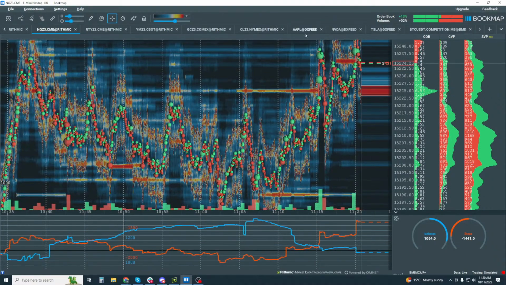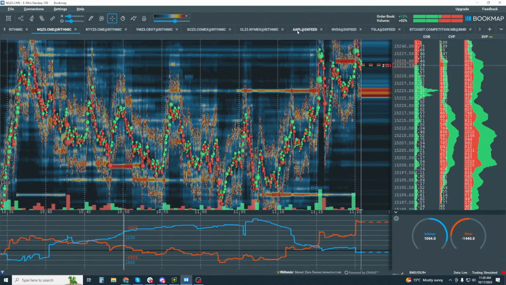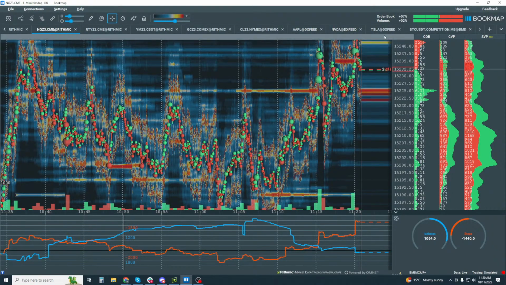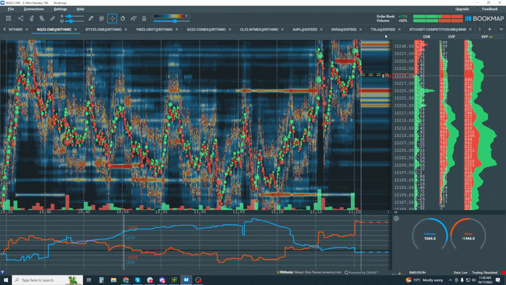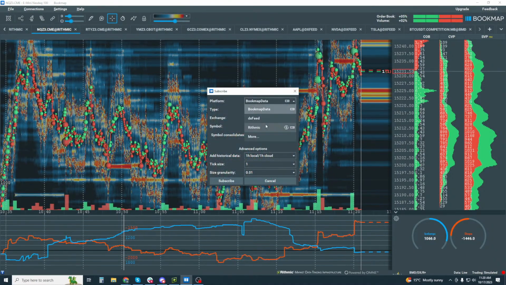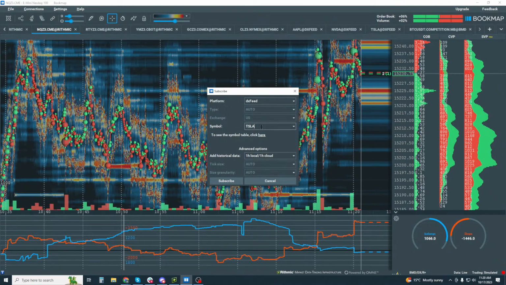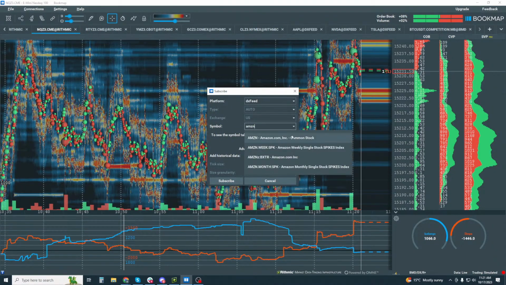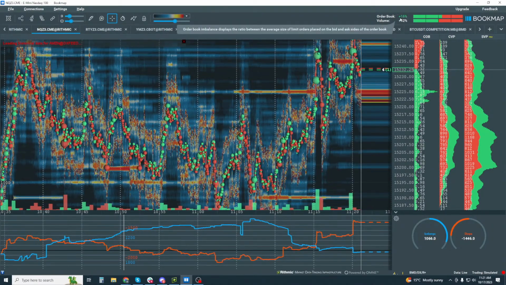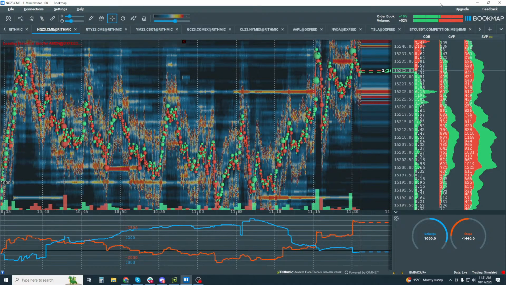So we got Apple, we got Nvidia, and we should have Google up here. And Amazon probably. I don't know if it's FANG or if it's, oh, Meta, that's right.